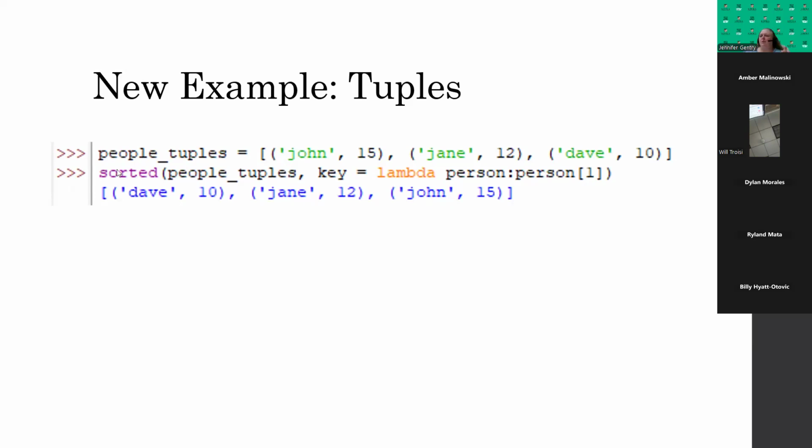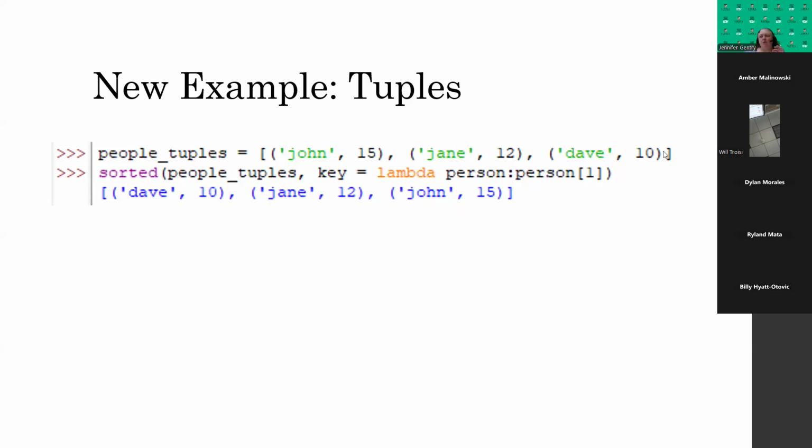Here I want to sort my tuples, and the key I'm going to use is the tuple sub one. Okay, so the 0 would be the name, the 1 would be the age. So this is going to do exactly what that example did before with the people class, because it's going to give me Dave first because he's 10, Jane second because she's 12, and John last because he's 15.